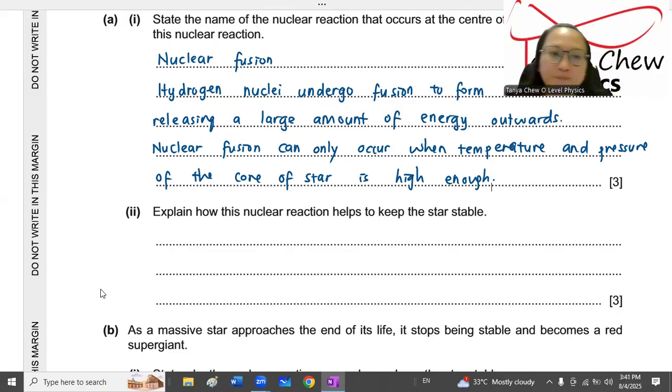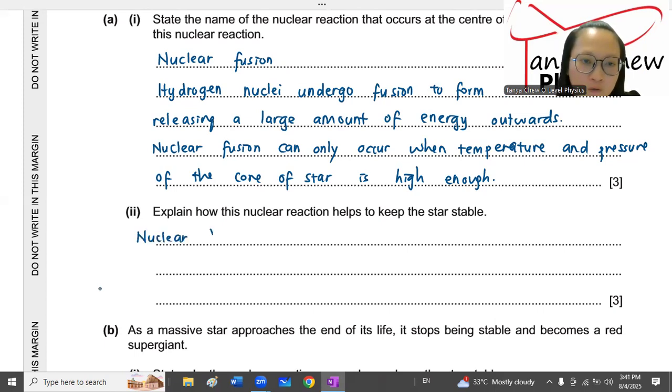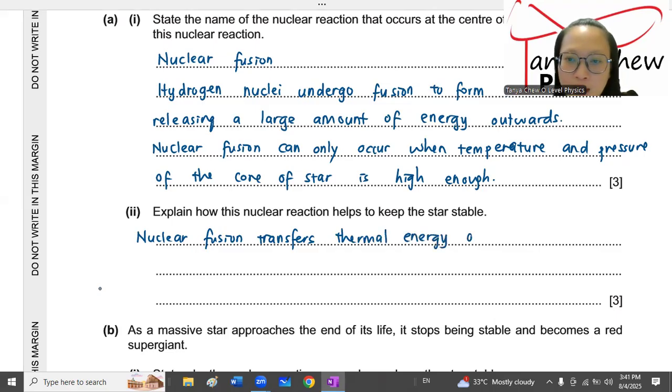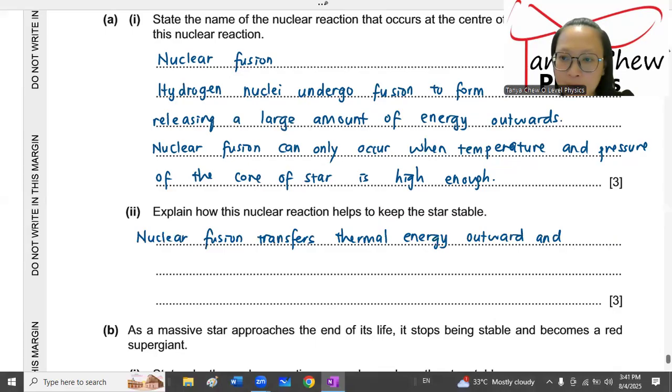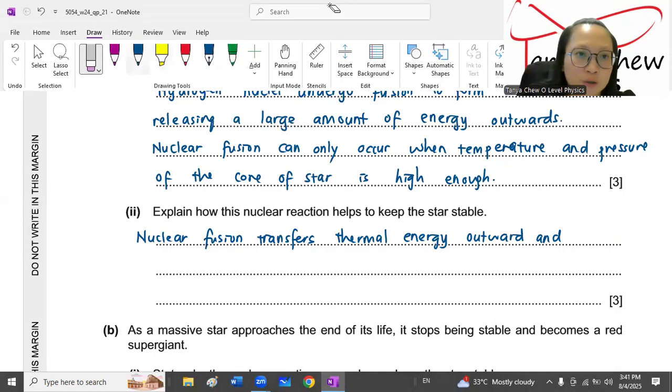So I would say that nuclear fusion transfer thermal or heat energy outward, right? And produces high outward pressure.